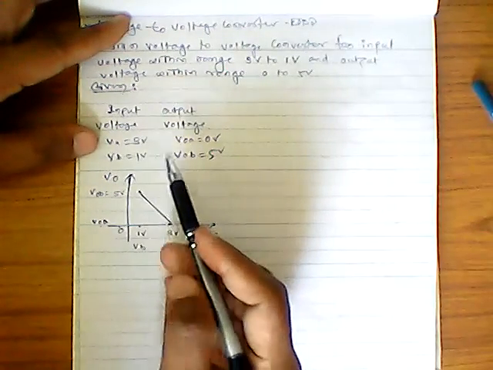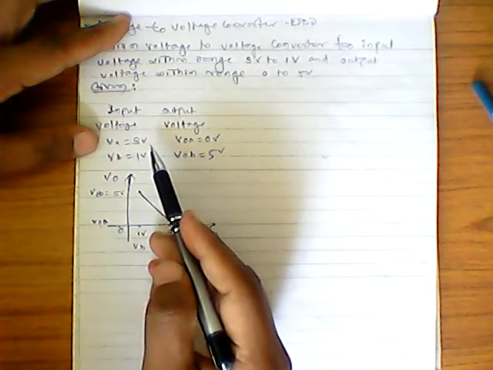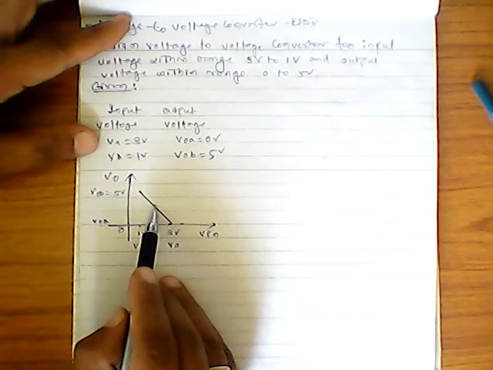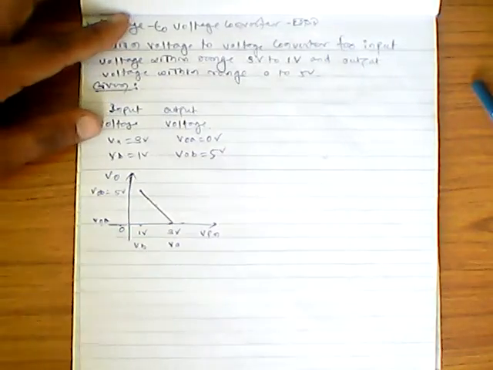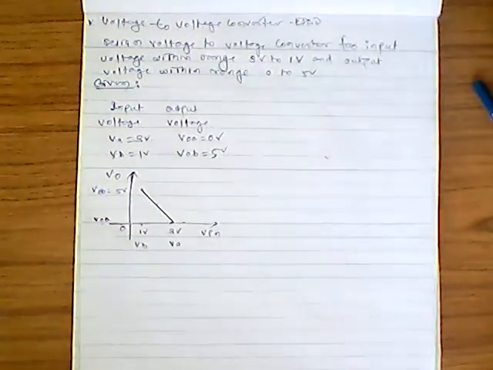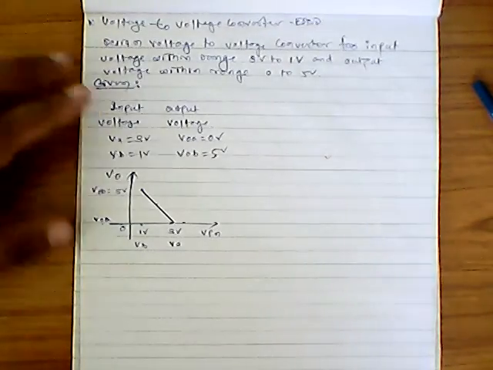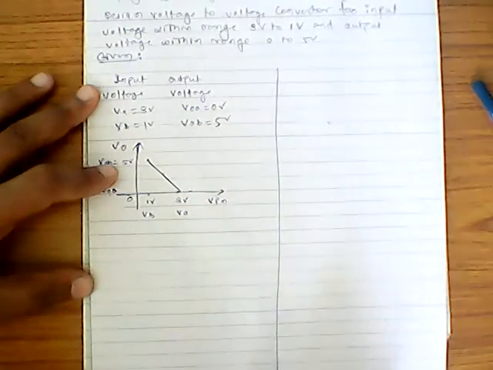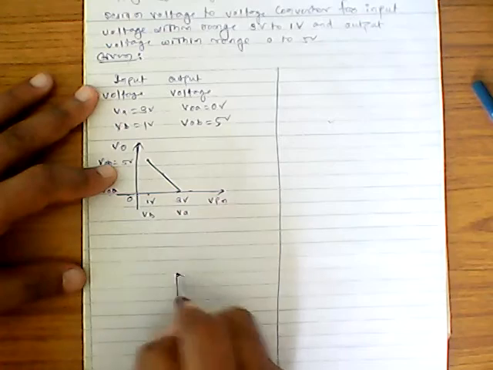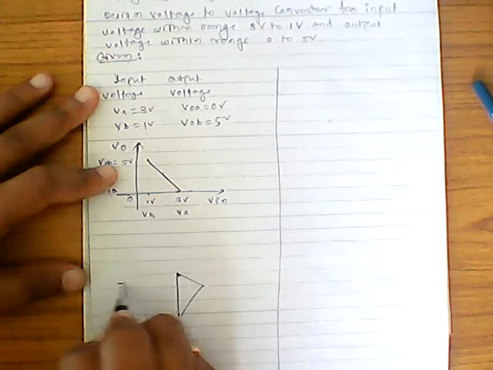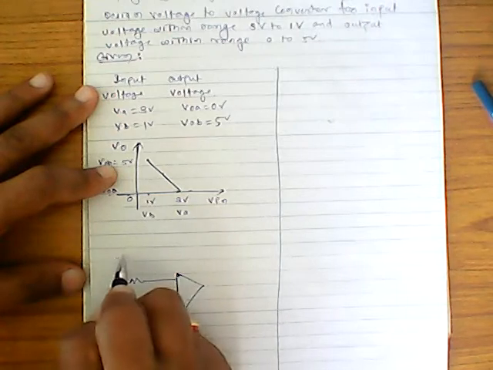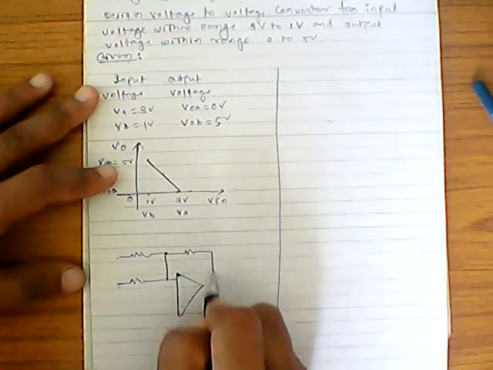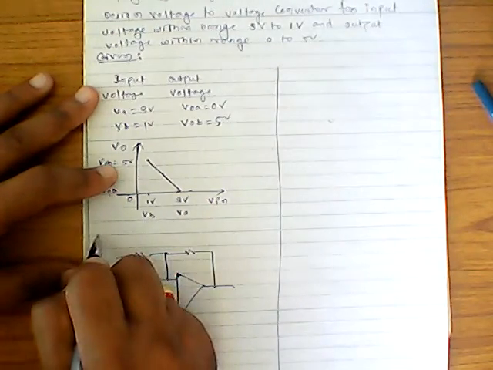Now see, it is being observed that in this type of example, as input is decreasing and output is increasing, slope of this line is negative. So we should have a circuit where the slope of the system should be negative. So what should be the circuit for that? We should have op amp based circuit where the slope could be negative.